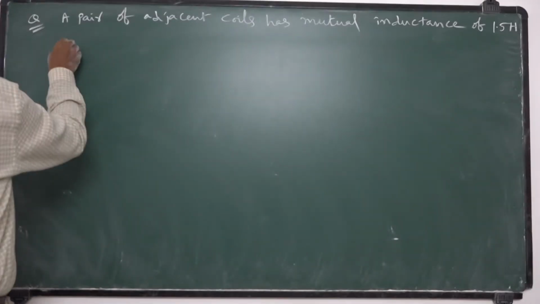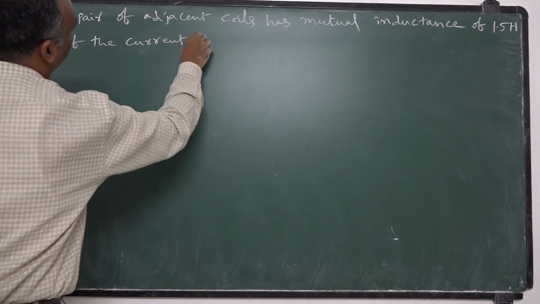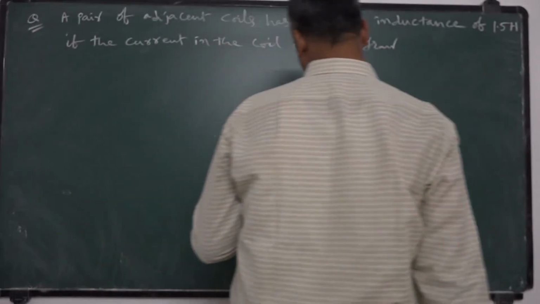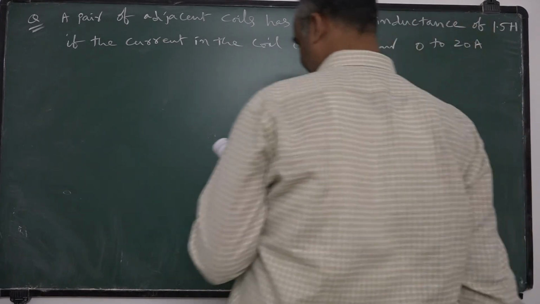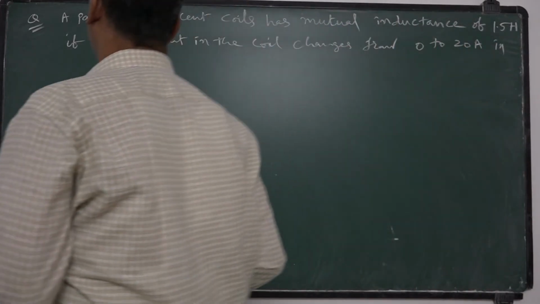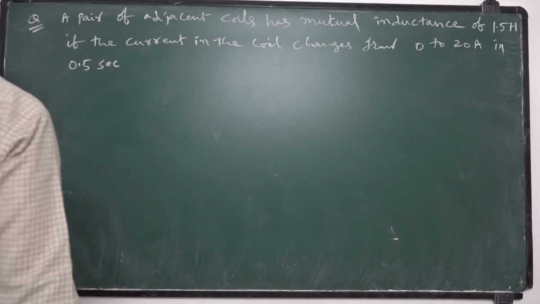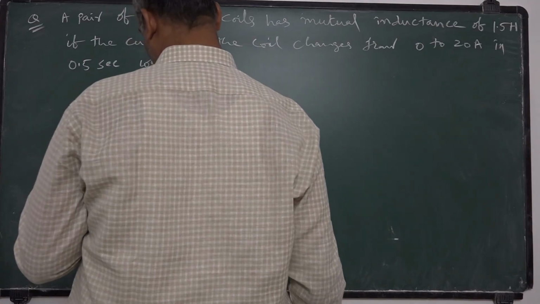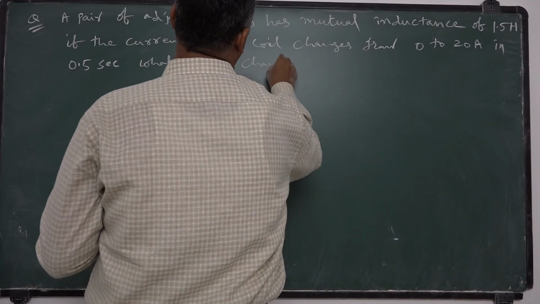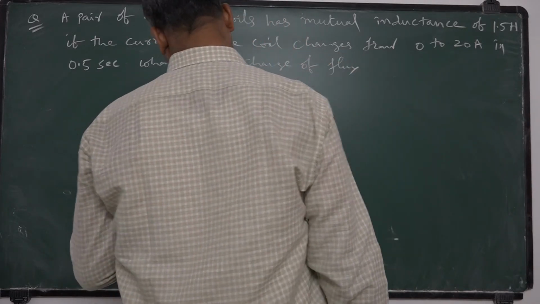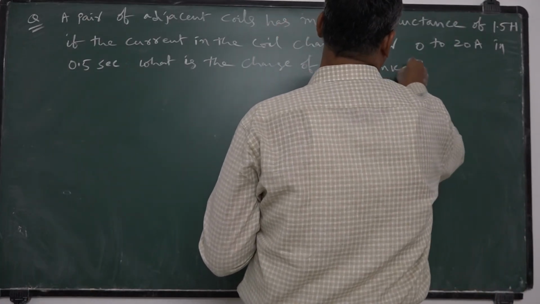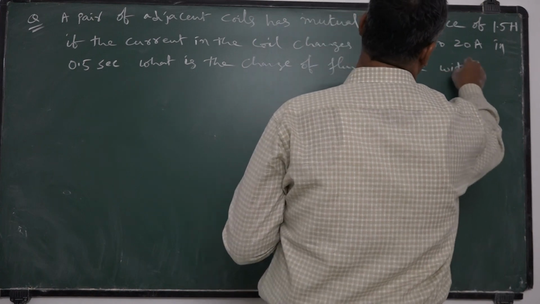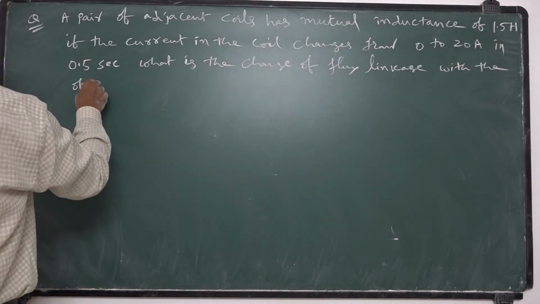If the current in the coil changes from 0 to 20 amperes in 0.5 seconds, what is the change of flux linkage with the other coil? This is the question.